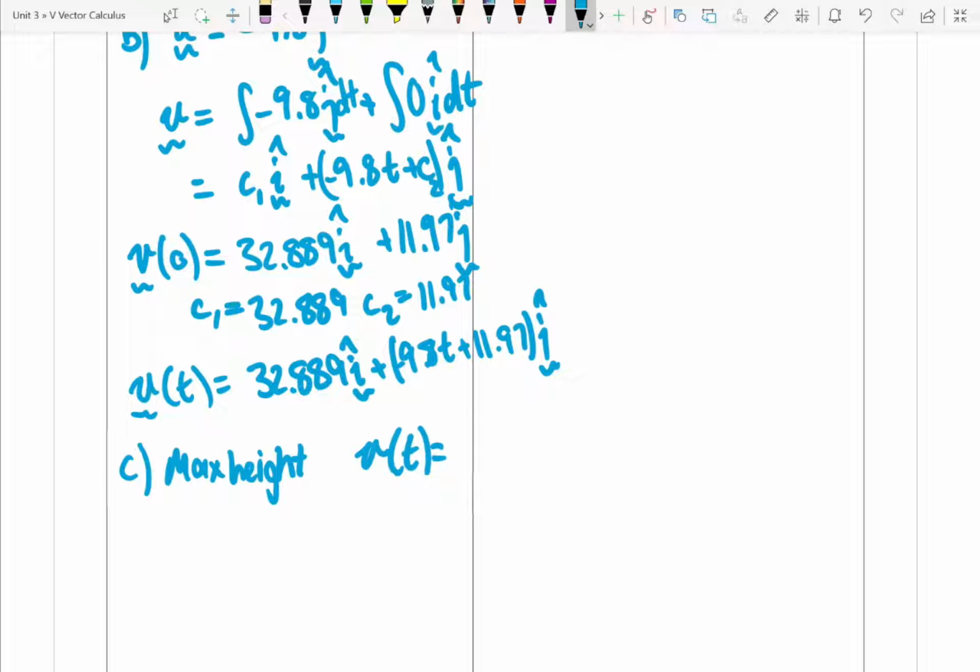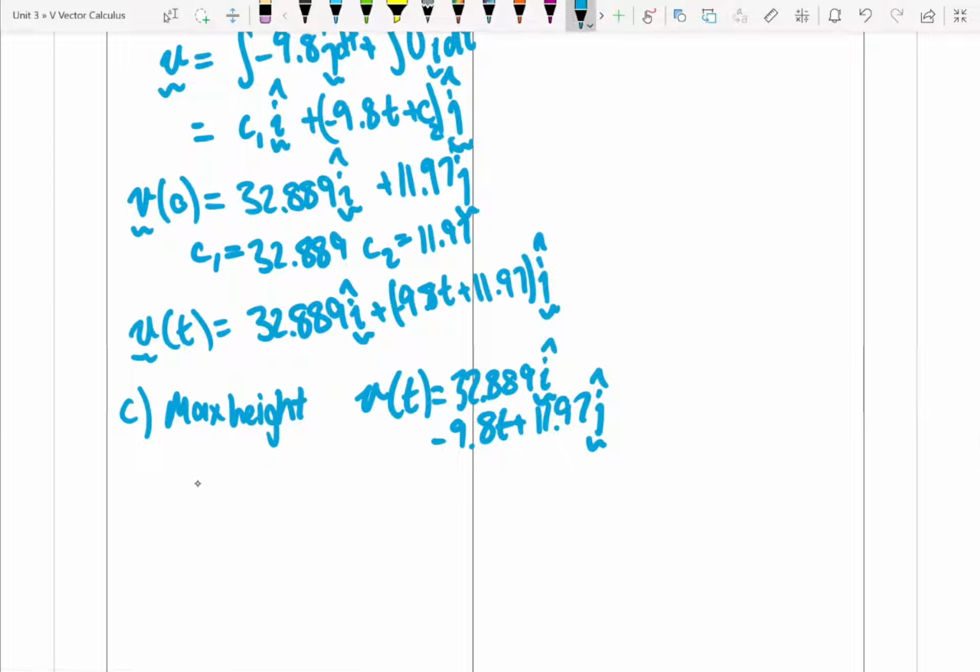We're just caring about the height. So 32.889 is going to have that constant velocity in the i direction, but we want our negative 9.8t plus 11.97j to be equal to 0. We want its vertical velocity to be equal to 0.